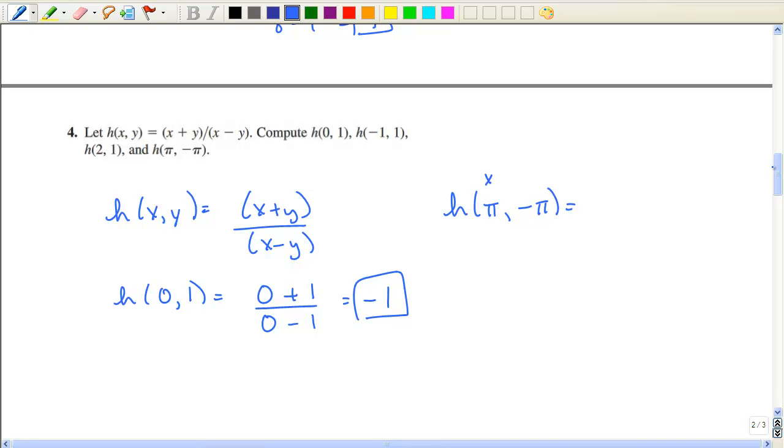Well, again, this is x, this is y. So we have pi minus pi on top of pi minus a negative pi. So that's 0 over 2 pi, which is 0. They're just trying to make a point that this is x, this is y. You plug them in the appropriate places.